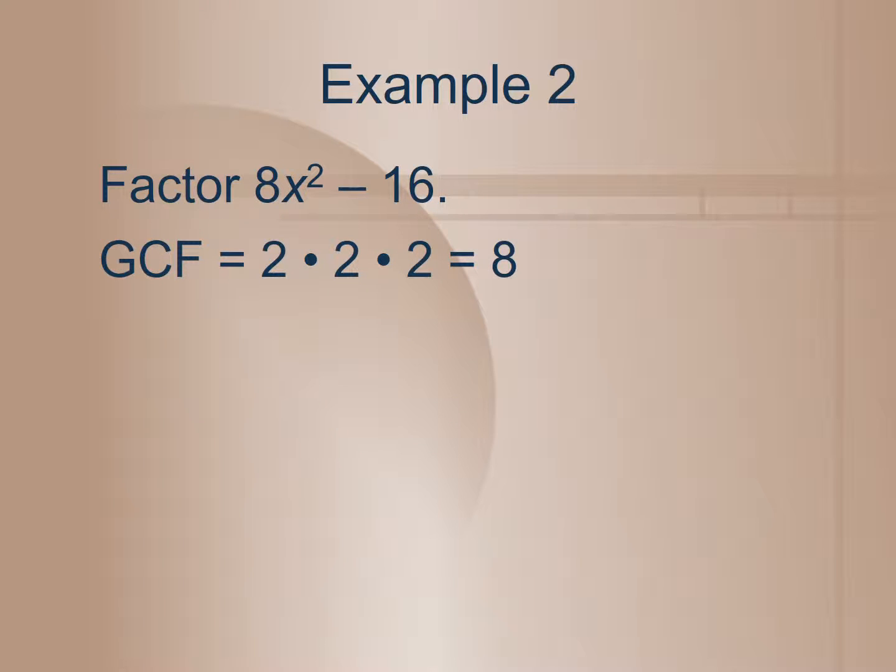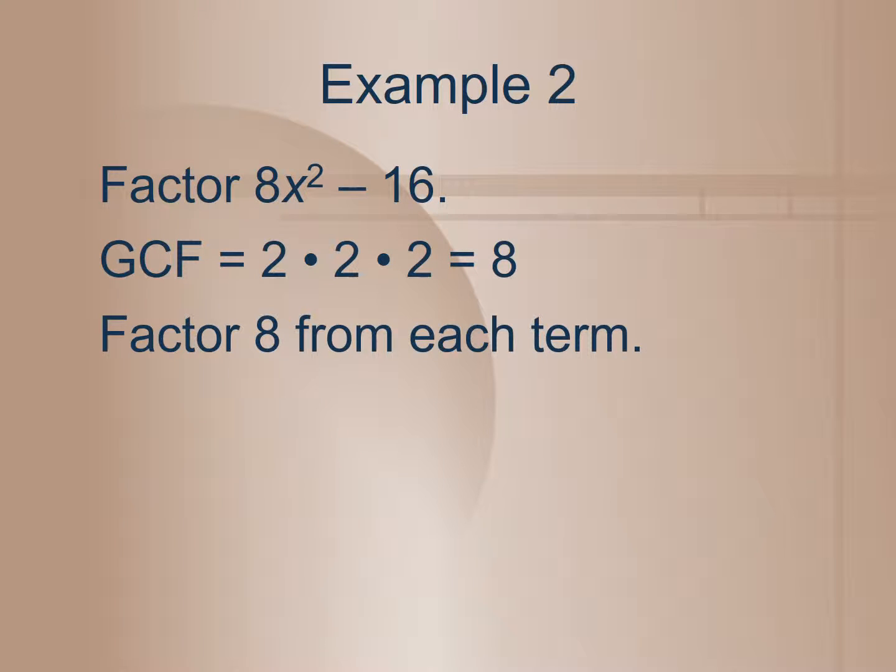So now that we know what our greatest common factor is, we're going to factor out 8 from each term. So we're going to take an 8 away from this x squared, and we're going to factor out an 8 from the 16. Well, 16 is 8 times 2, so when we factor out that 8, we're going to be left with just that 2.